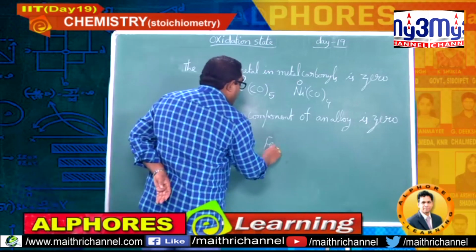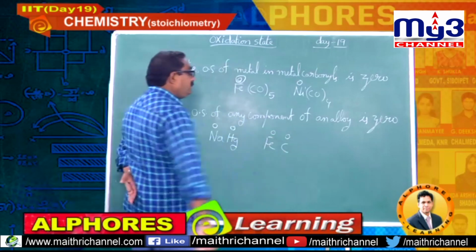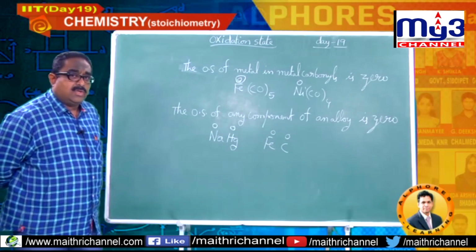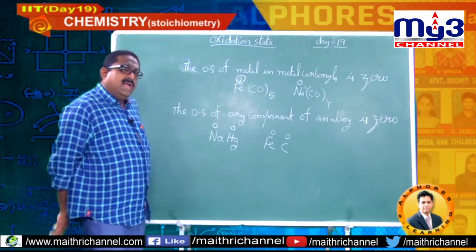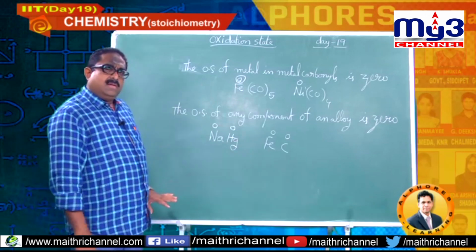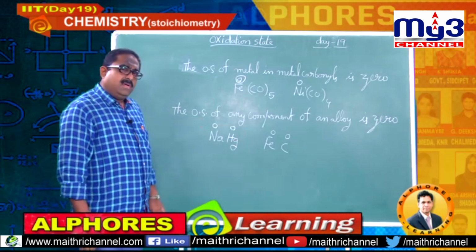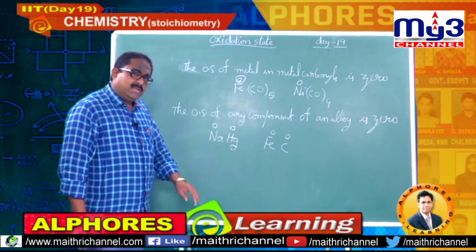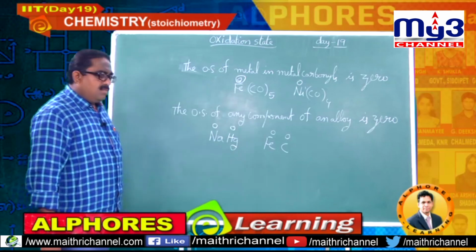Steel, an iron and carbon alloy: the oxidation state of iron as well as carbon is also 0. In any alloy, the oxidation state of all the components is 0 only. Why?